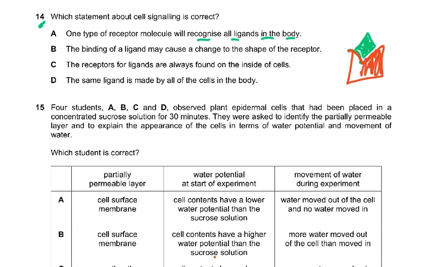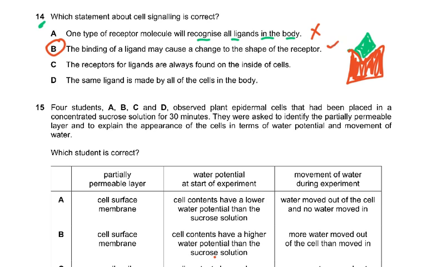Like if insulin has the shape of a triangle, then it's going to fit here. So it has to be complementary. One type of receptor molecule will recognize all ligands in the body? No, that's wrong. The binding of the ligand may cause a change to the shape of the receptor. Yes, that is correct. So B is correct.